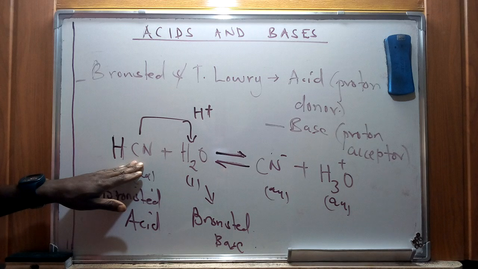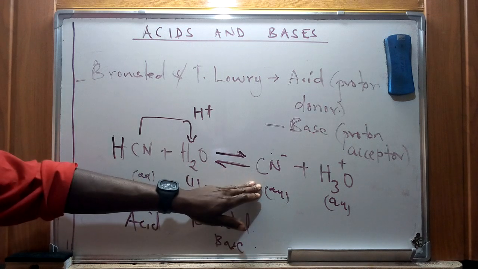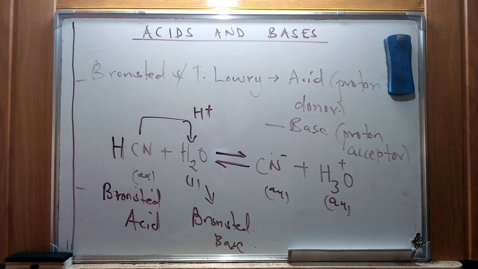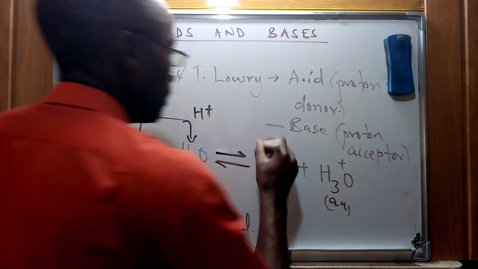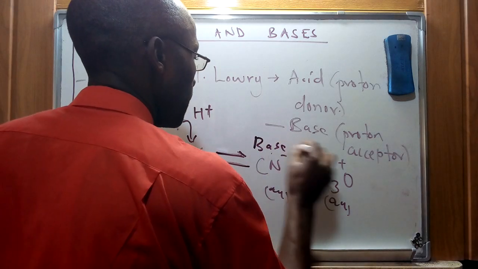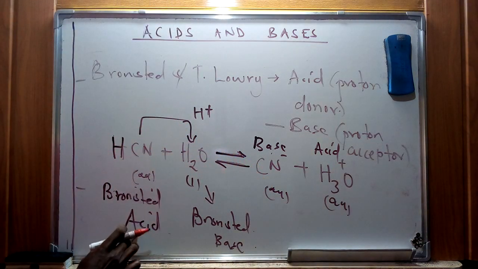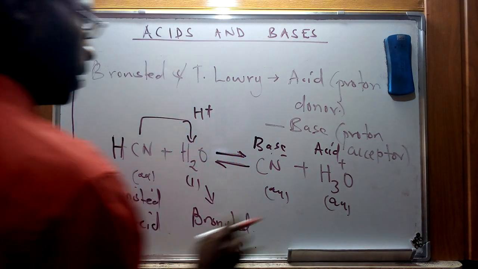So we can conclude that this particular reacting species and the CN negative are going to be the acid and conjugate base. I'm going to illustrate this one. We have said that this is the base and acid for the backward reaction, and this is the acid and the base for the forward reaction.